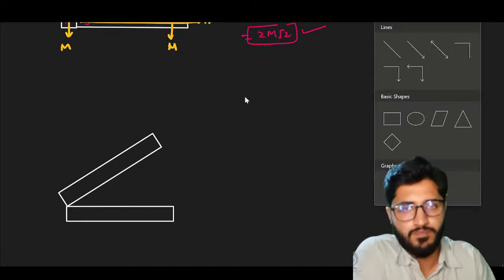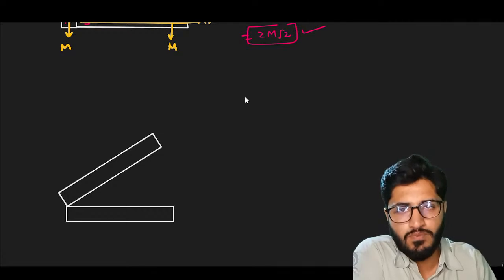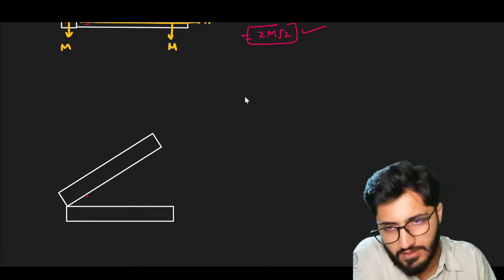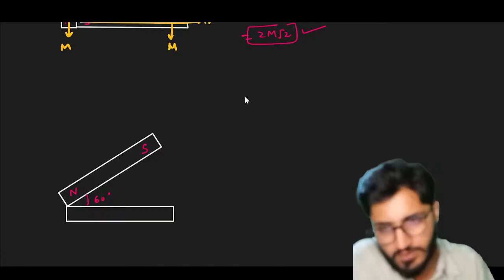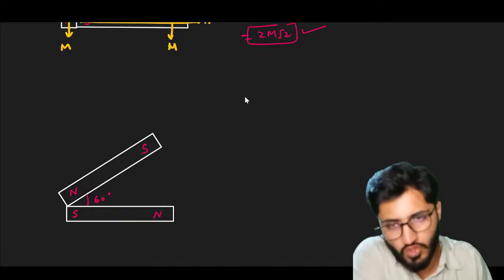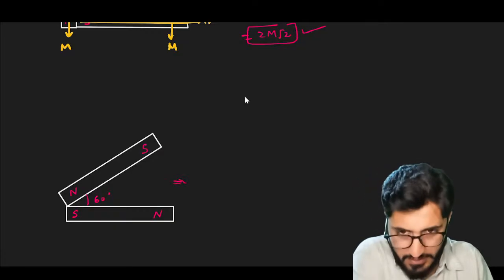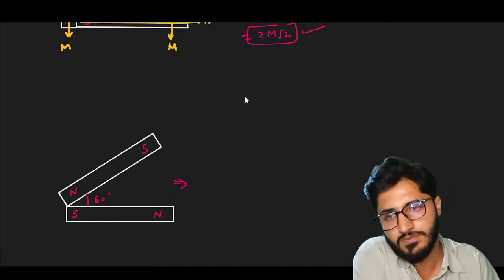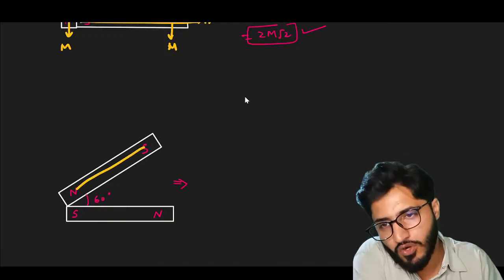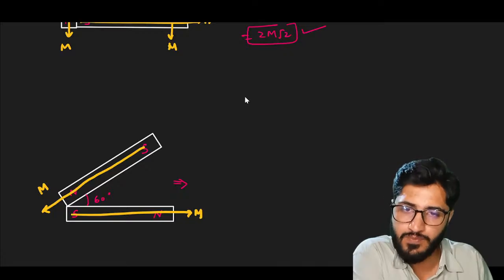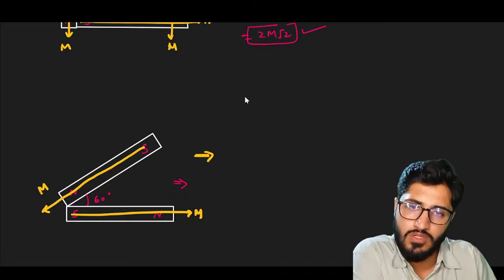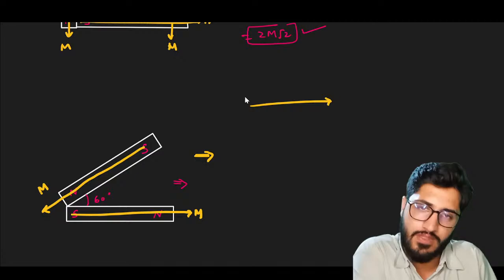This angle is, let us suppose, 60 degrees. North, south, south, north. How can we do this numerical? Look, one will be from north to south, is it 1M? One will be from south to north, this M.